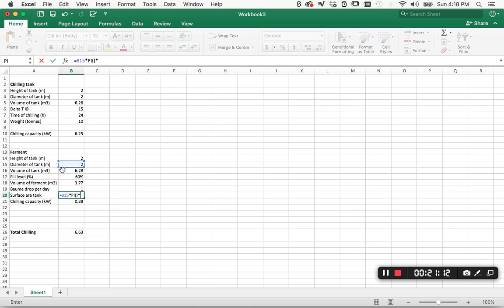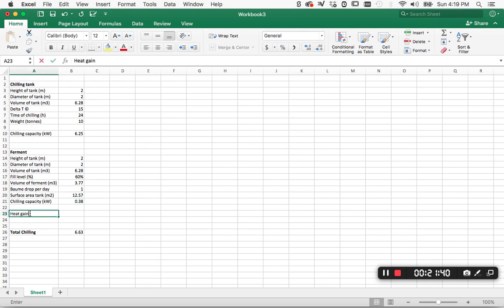And then to get the overall surface area, we multiply by the height of the tank. So that's how you get the surface area of the tank. It's the circumference of the circle at the base of the cylinder, or the top of the cylinder, times the height. And that'll be in square metres. So it's 12.56 square metres.